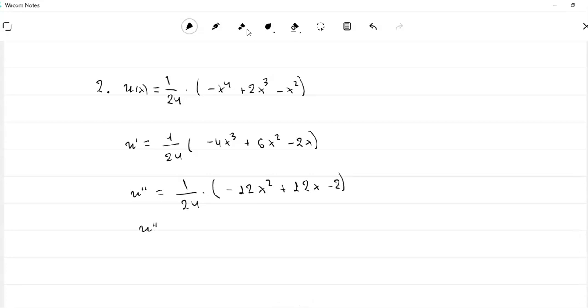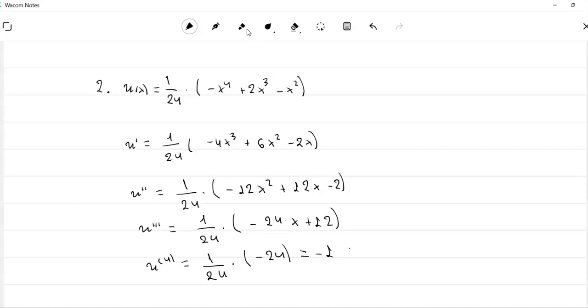The third derivative is 1 over 24 times minus 24 times x plus 12, and the fourth derivative is 1 over 24 times minus 24.